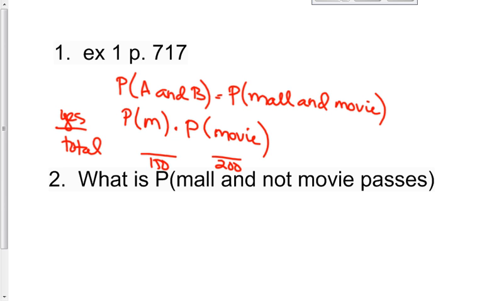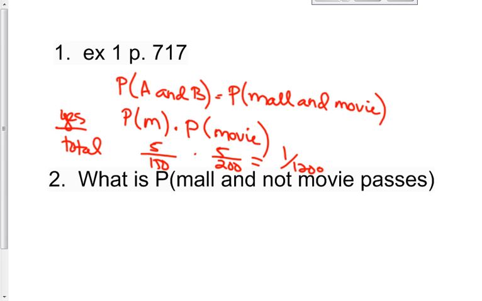So my yes would be 5. 5 over 150 times 5 over 200. You can either reduce, or you can just multiply straight across and then reduce, but remember your final fractional answer should always be in the form of a fraction reduced all the way down as far as you can. This one comes out to 1 over 1200.